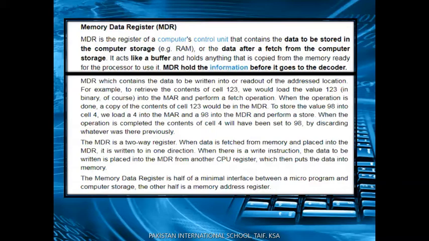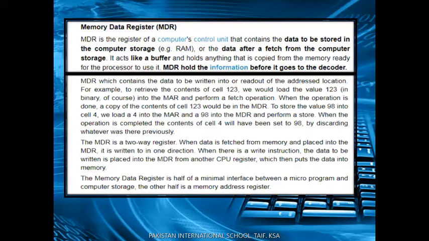For example, to retrieve the content of cell 123, we would load the value 123, in binary of course, into the MAR and perform a fetch operation. When the operation is done, a copy of the content of cell 123 would be in the MDR.